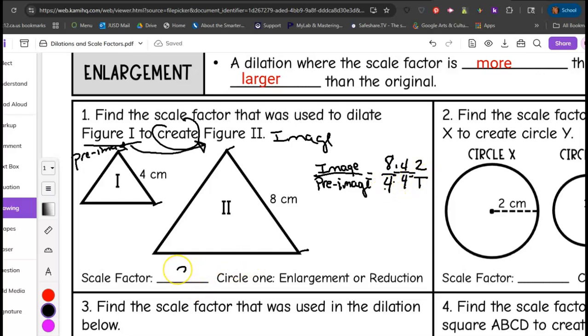So my scale factor is a scale factor of 2. Now I have to ask, is 2 less than 1 or is 2 more than 1? Well, 2 is more than 1. If it's more than 1, it's an enlargement, and that is what happened. It started off small and it got larger. Okay, before we move to problem 2, pause the video and make sure that all the students have this filled out.